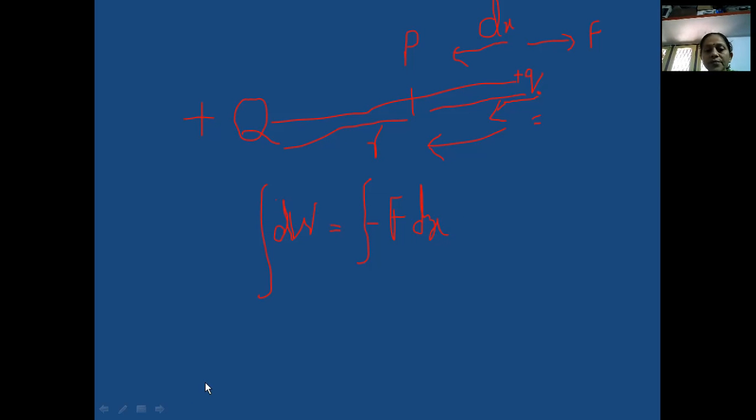Now children, so work done is minus F dx. Suppose we consider this plus q0 to be at infinity. Infinity means a very far off distance.